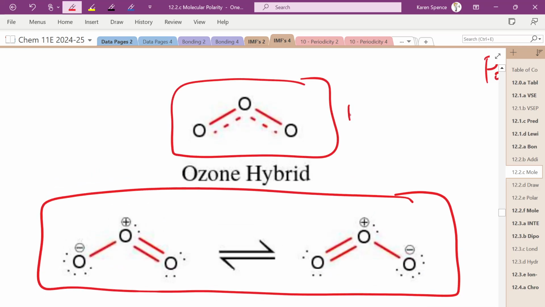It's really like this. And what is the difference in electronegativity between oxygen and oxygen? The difference in electronegativity between oxygen and oxygen is 0. So that is nonpolar.